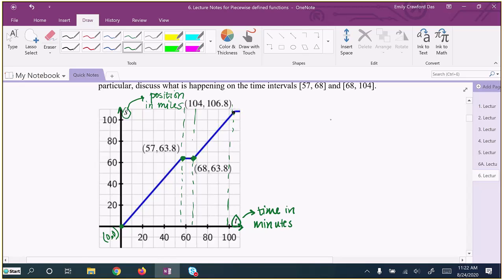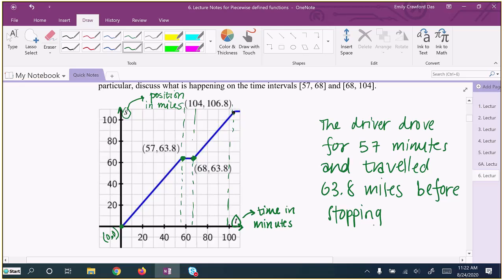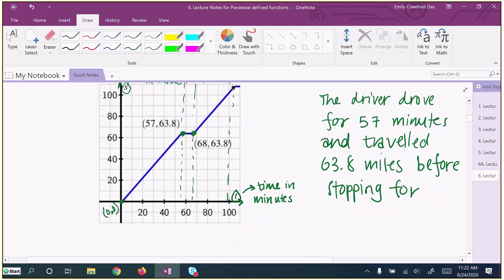So we'd say the driver drove for 57 minutes and traveled 63.8 miles before stopping for 11 minutes.